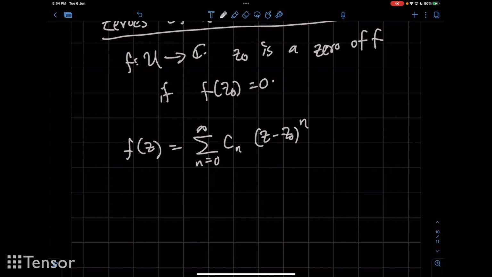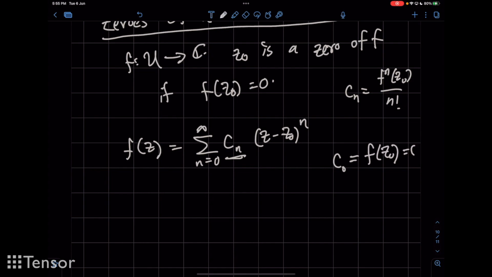Some of the first coefficients of this power series will be 0, because c_n is given by the nth derivative of f at z naught divided by n factorial. So c_0 is f of z naught, and that is 0. So the first coefficient is 0.